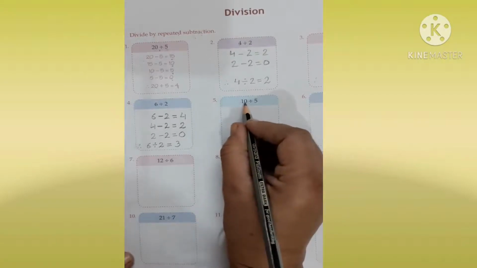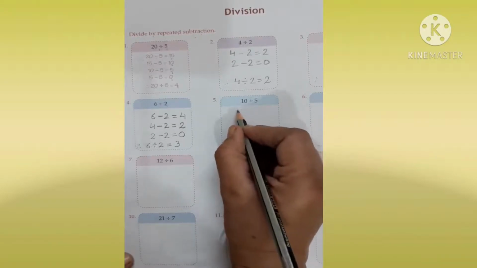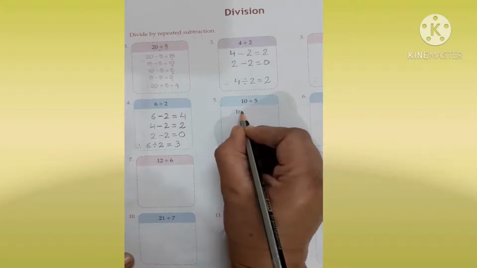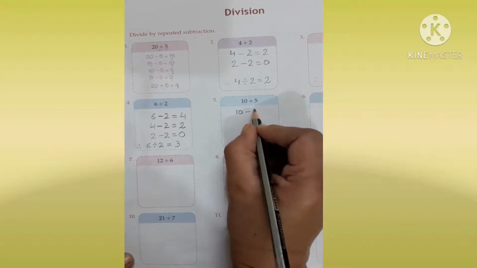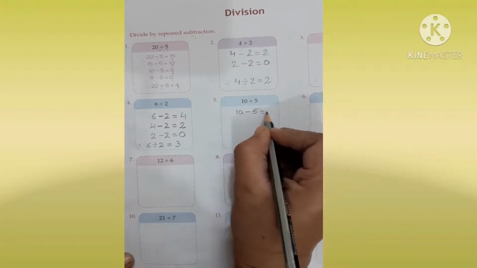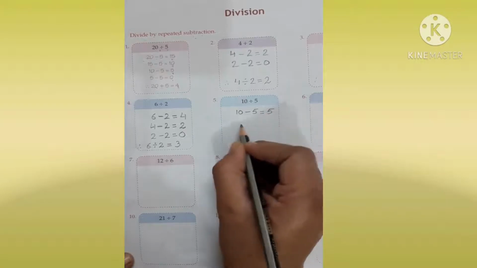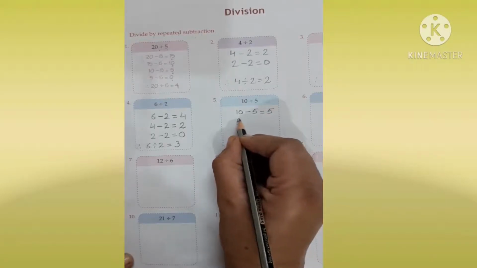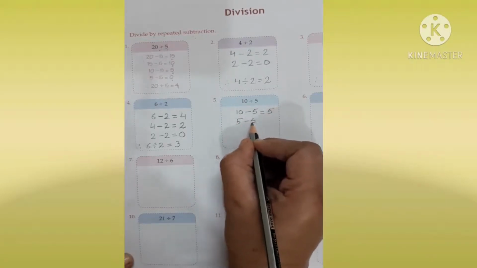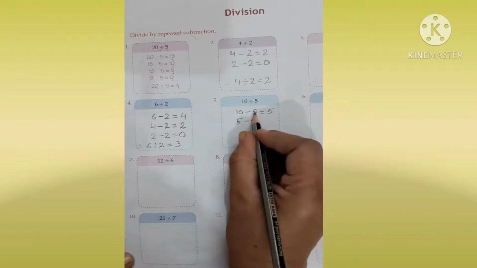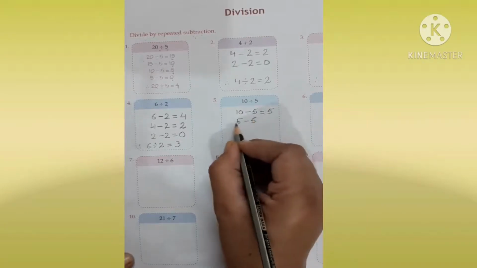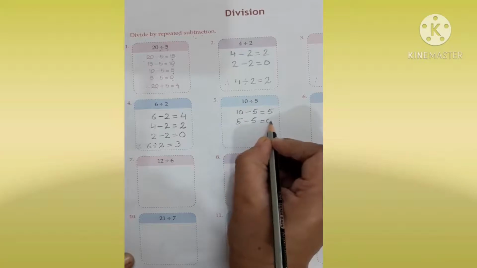Fifth question, 10 divided by 5. 10 divided by 5, you will write 10 minus 5. 10 minus 5 is equal to 5 and 5 minus 5. This 5 you will write here and this 5 here. So 5 minus 5 is equal to 0.